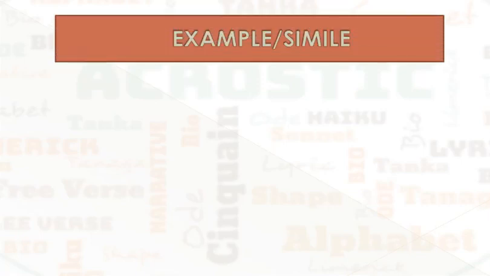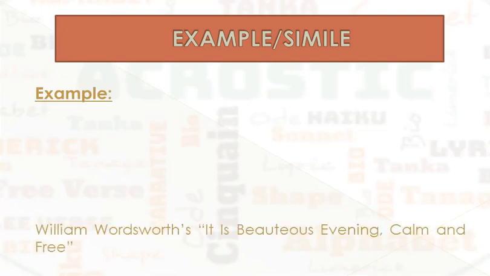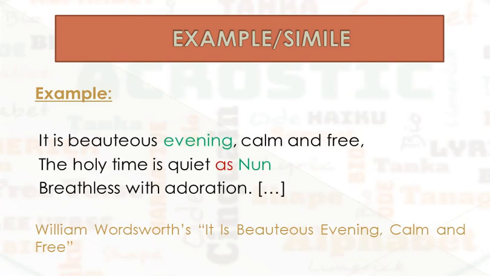Well, our literary example, which is from William Wordsworth's poem, "It is a beauteous evening, calm and free." So it is a beauteous evening, calm and free. The holy time is quiet as a nun, breathless with adoration.